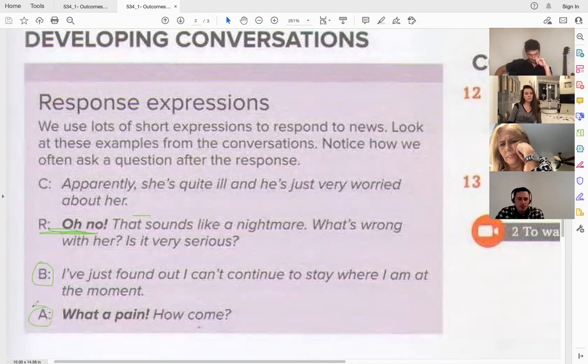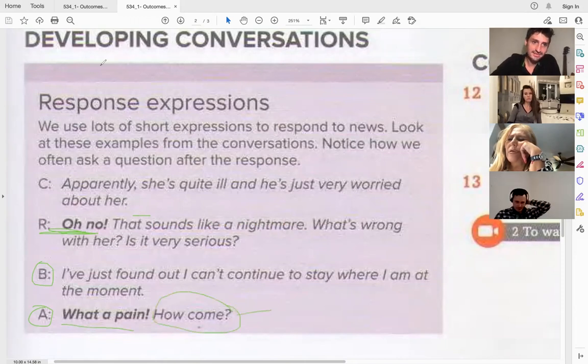I've just found out I can't continue to stay where I am at the moment. What a pain. How come? Okay, perfect. So another exclamation. Now, how come is another way of saying why.